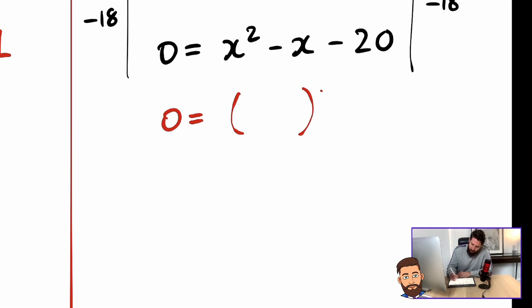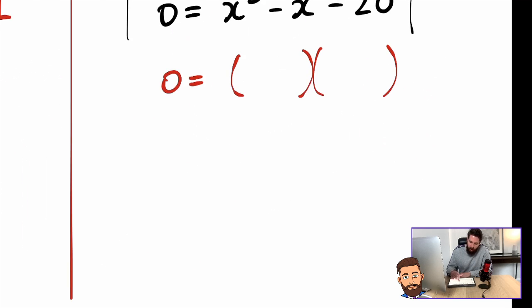A quadratic would factorize into two brackets. A quadratic will always factorize into two brackets if it is a generic ax squared plus bx plus c. How do we factorize? Well, I factorize like this.